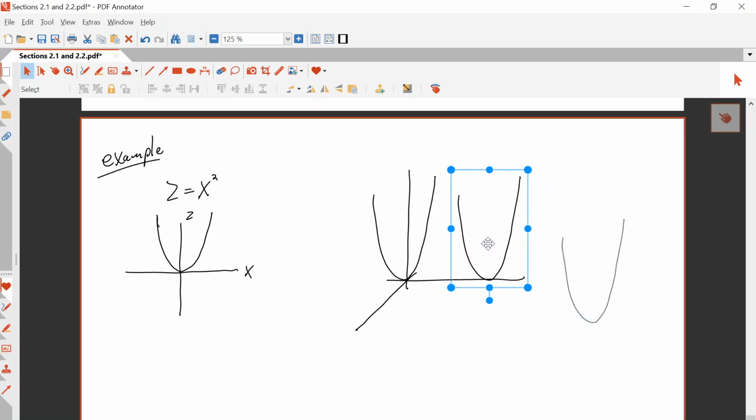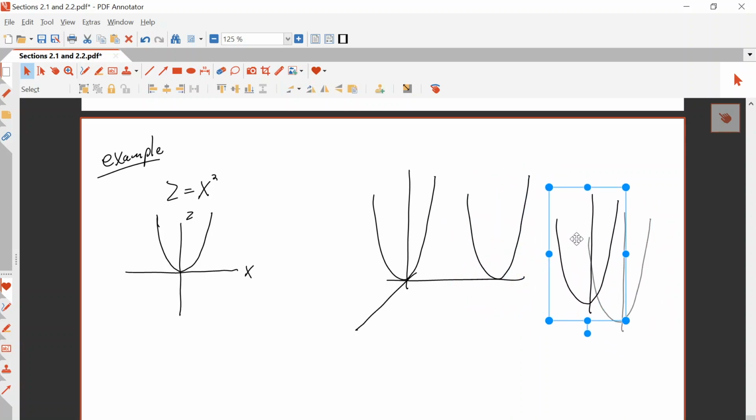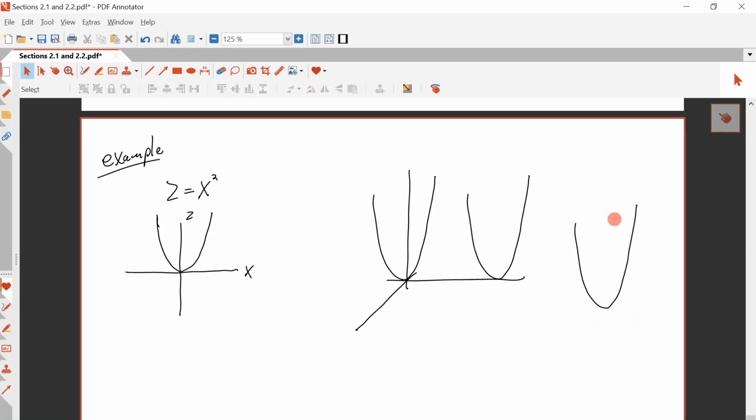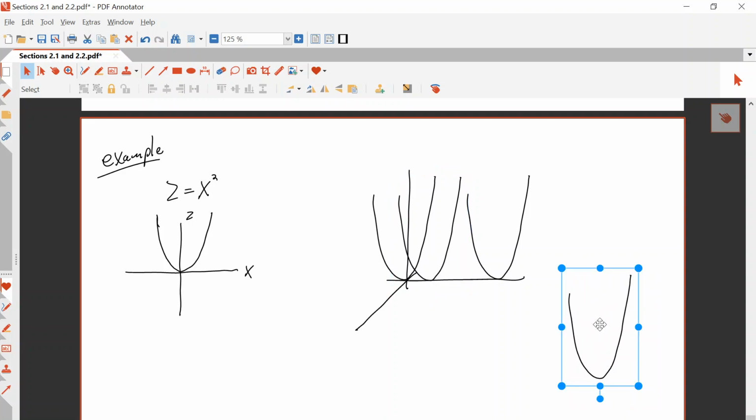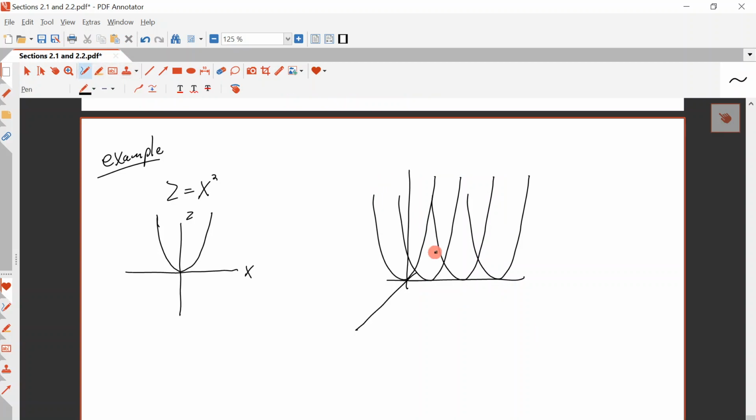All right, so in 3D, what you get is several copies of that parabola, well, infinitely many copies of that parabola extended in the y direction. So you get this parabolic cylinder, as it's called.